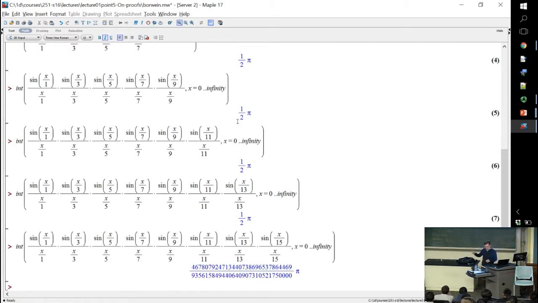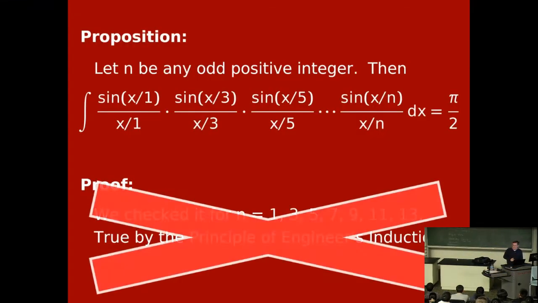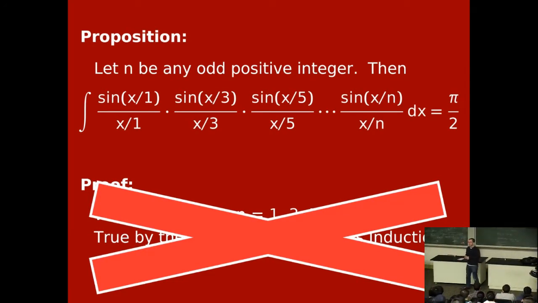Actually, that's the answer. It's not pi over 2. It's kind of amazing. Actually, people discovered this when they were testing programs like Mathematica, and they were like, well, we got a bug. But actually, it's true. That calculation is correct. So this is not a good proof either. Just again goes to show you that even when something really seems like it must be true based on the cases you test, it might not be true.